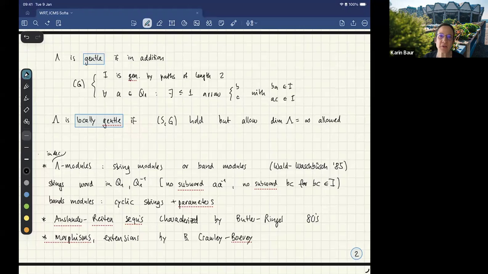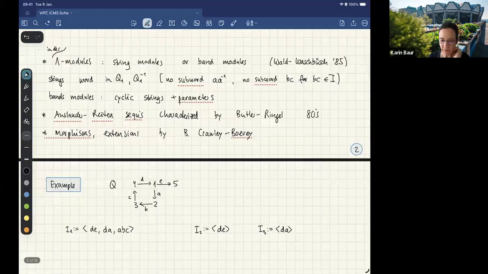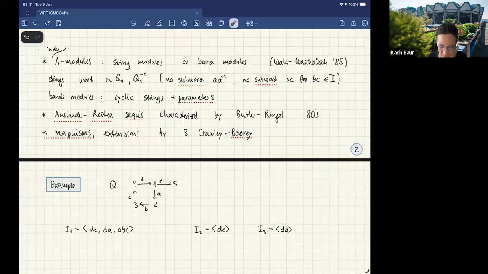Okay, but these algebras are amenable to surface construction. So let's first look at an example and then have this remark. This is a quiver which satisfies these conditions: at any vertex you have at most 2 outgoing and at most 2 incoming arrows. And then I chose different types of ideals.